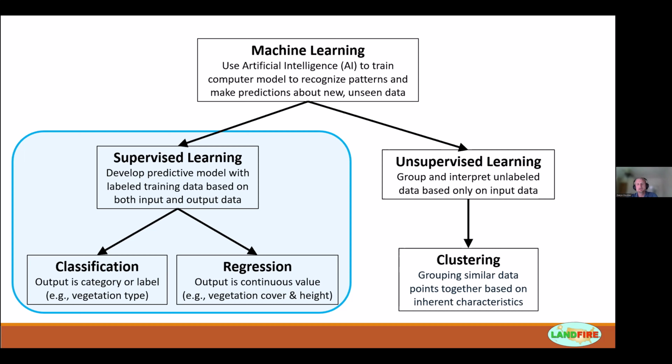It also emphasizes the importance of why we spend so much time trying to get really accurate training data, like the ecosystem type labels for the plots or the cover and height measurements from field plots or Lidar. This type of learning is dependent on the input data.